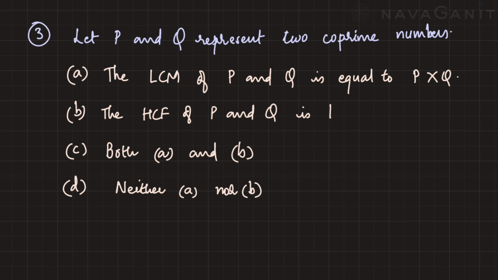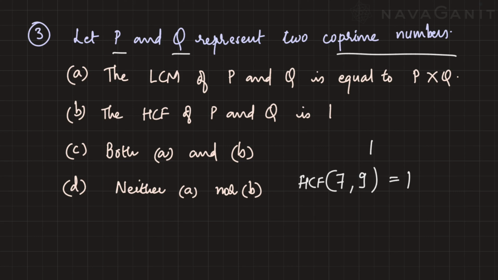Next, let P and Q represent two coprime numbers. So first of all, what are coprime numbers? Coprime numbers are two numbers that do not share any common factor other than 1. For instance, 7 and 9 are coprime numbers because the GCD or the HCF of 7 and 9 is 1.